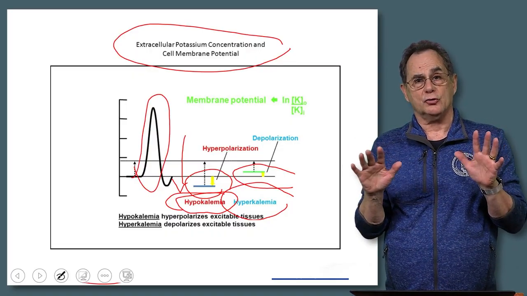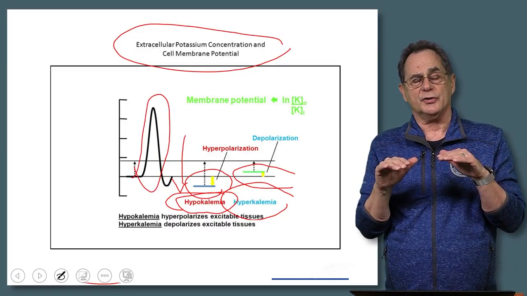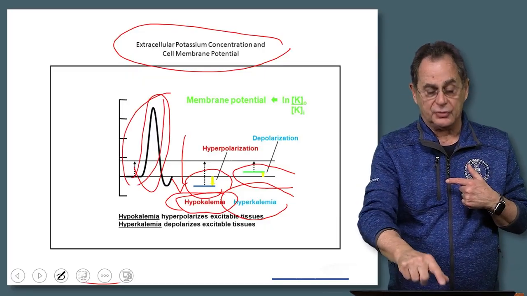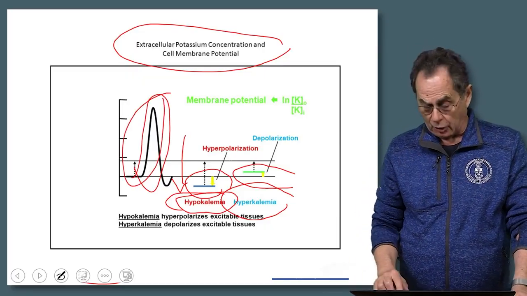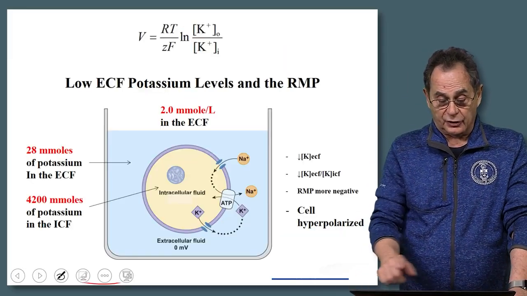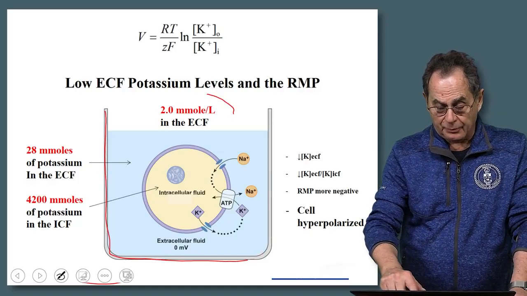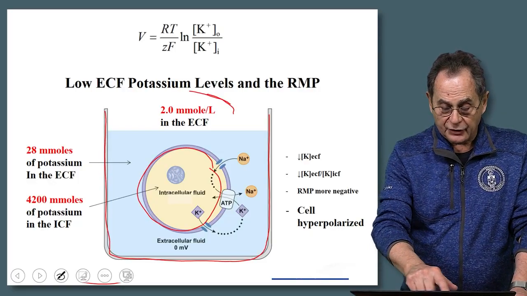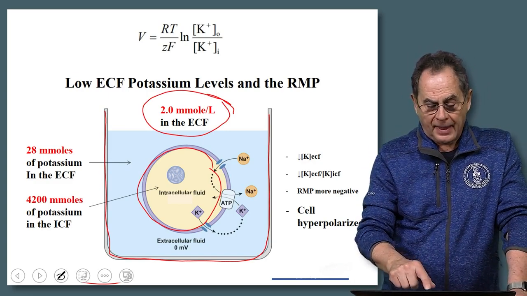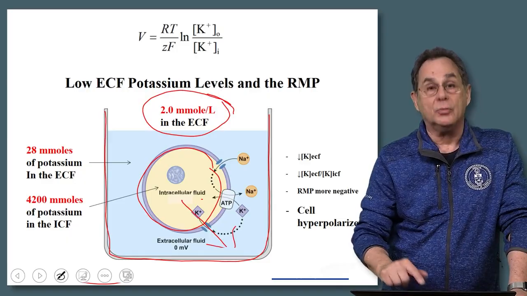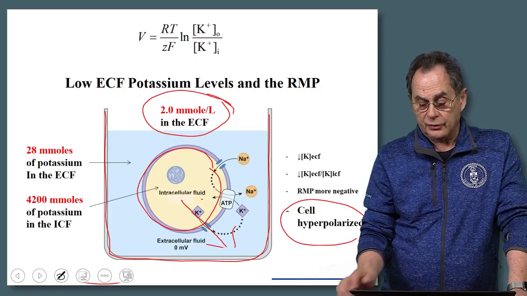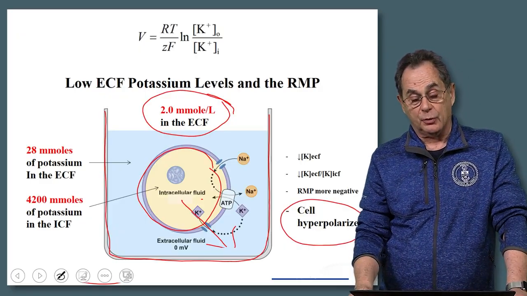High potassium concentrations cause them to depolarize, and as a consequence affect the ability of that cell to generate an action potential and to influence its biological activity. So one of the things that we can see here, for example, is if in this beaker example again, here's our single cell. If the extracellular fluid concentration is just 2 millimoles per liter, then that serves to enhance potassium exiting the cell, serves to increase the negativity in that cell, and the cell is hyperpolarized.